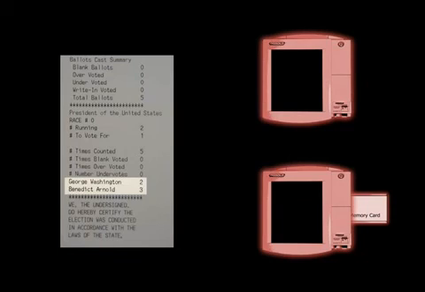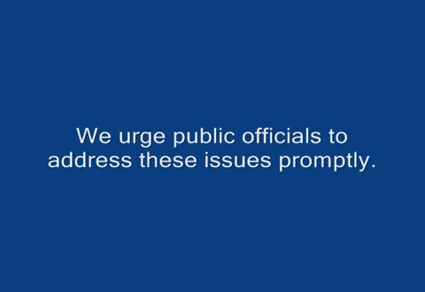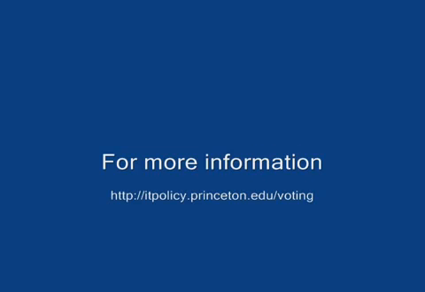These problems, taken together, pose a very serious threat to the security of the elections conducted on Diebold AccuVote TS voting machines. We urge public officials to address these issues promptly. More details, including a full technical paper containing a more complete security analysis and a discussion of mitigation strategies, can be found on our website at itpolicy.princeton.edu/voting.